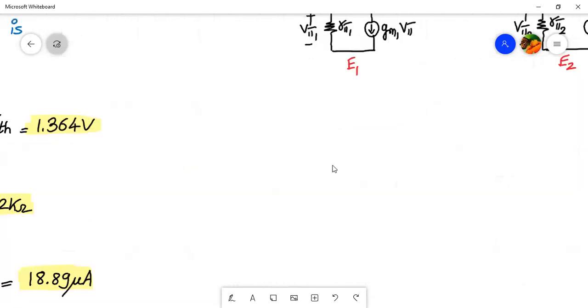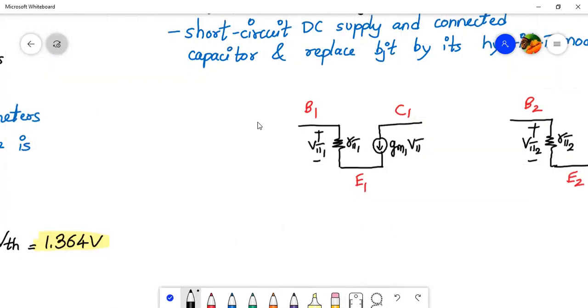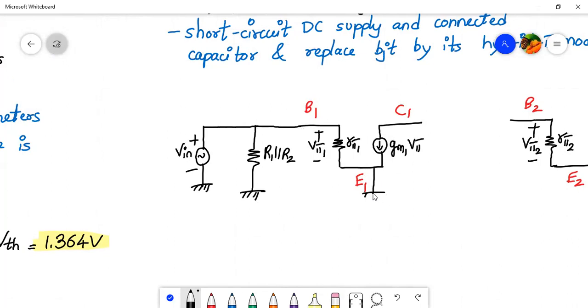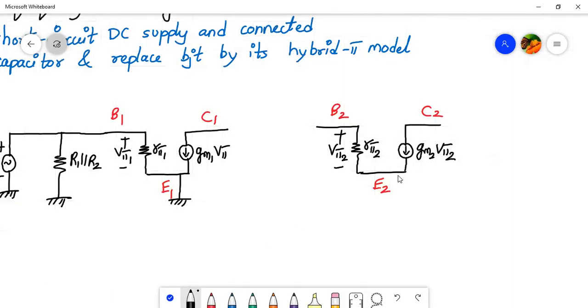From base 1 we have R1 parallel to R2, and here we have a voltage source Vin, plus minus. The emitter terminals of both stages are grounded, as explained. So emitter 1 and emitter 2 are grounded. Fine, so this is complete.